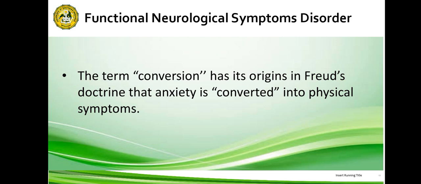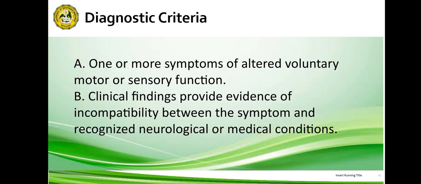Now, moving on to its diagnostic criteria, A. One or more symptoms of altered voluntary motor or sensory function. B. Clinical findings provide evidence of incompatibility between the symptoms and recognized neurological or medical conditions. So, sensory or motor symptoms begin suddenly, such as loss of vision or paralysis.